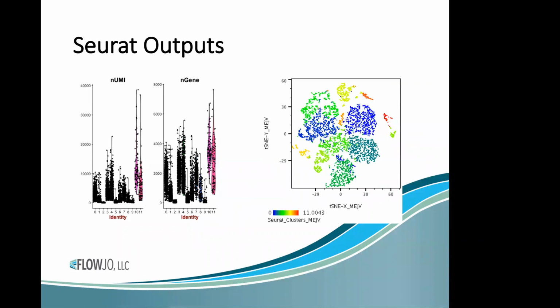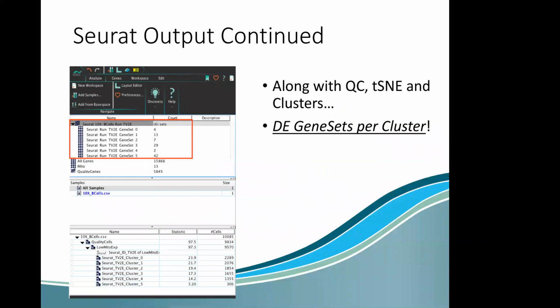And that's been color mapped by those clusters, so we can see them very clearly in the plot. What we don't see in this view that is available in the workspace is a collection of gene sets, one per cluster, which are the differentially expressed genes defining those populations. So these are perfect candidates on which to run the GeneSet enrichment analysis.